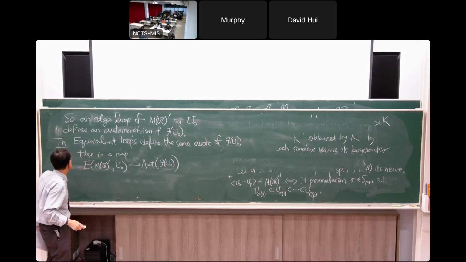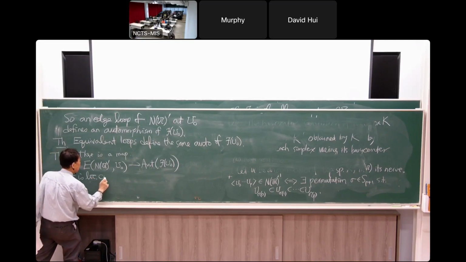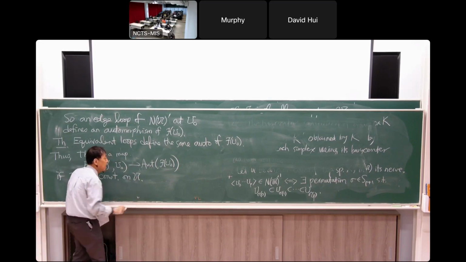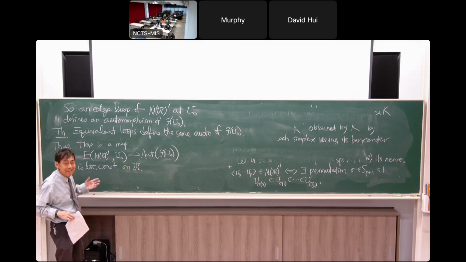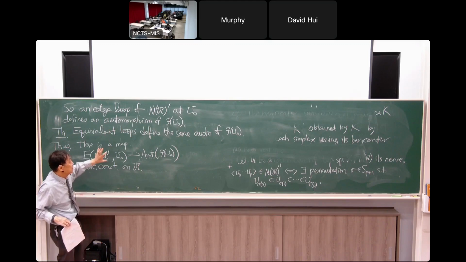So if F is locally constant, this map is called the monodromy of this open cover.